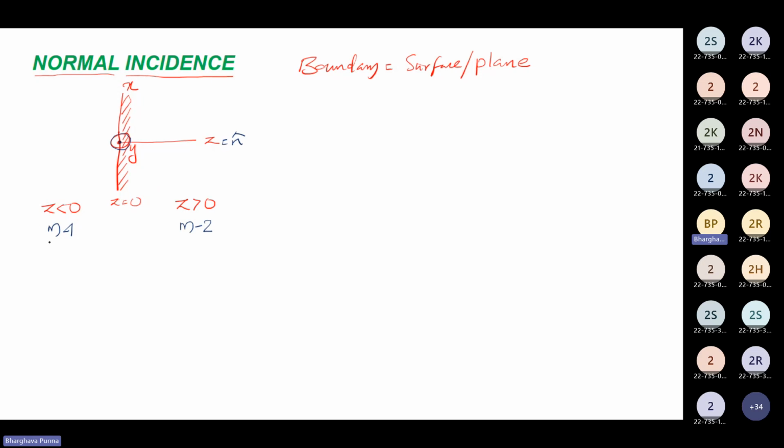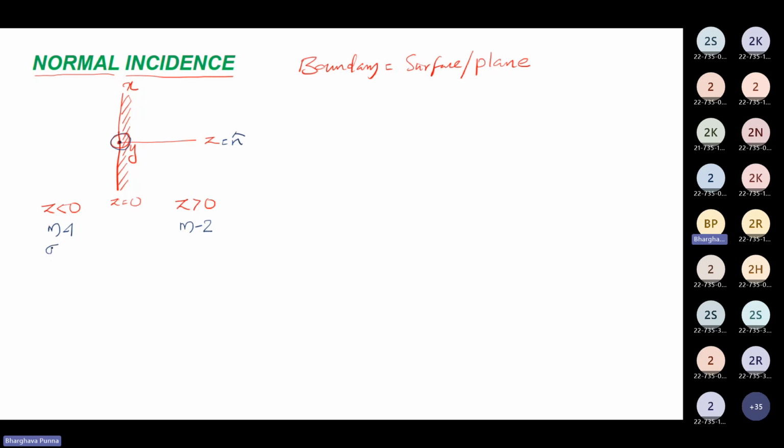Then how do we characterize the two media available here? When can we say the right side part of the boundary is different from the left side part of the boundary? Or when can we say medium 2 is different from medium 1? We have to see the characteristics of the medium. What are the characteristics?